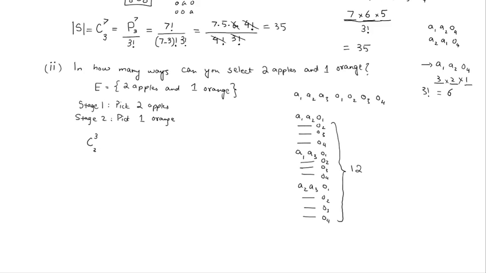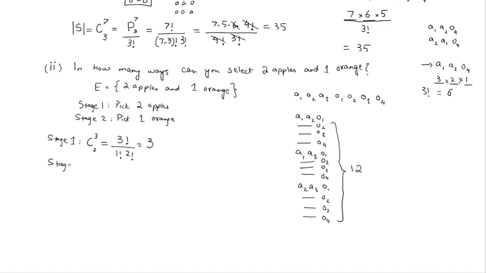That's C(3,2), and that comes out to be 3 factorial over 1 factorial times 2 factorial, which is 3. That's stage 1. Stage 1 can be completed in 3 ways.